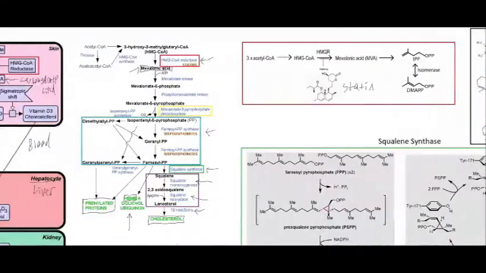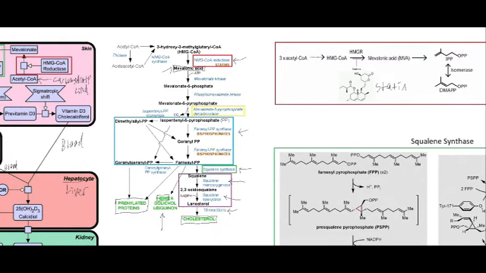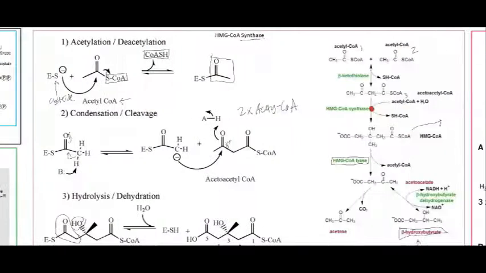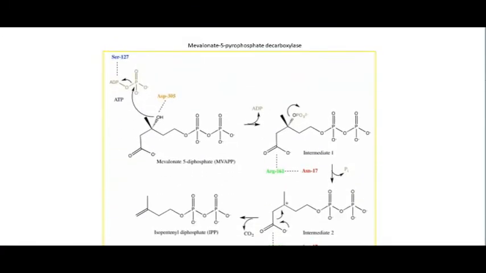All right, the next step here: there's 2 steps which are just adding some phosphates onto the mevalonate, but then this step here, the mevalonate 5-pyrophosphate decarboxylase, I have that mechanism down over here. So this is the decarboxylase. This is our mevalonate 5-diphosphate.